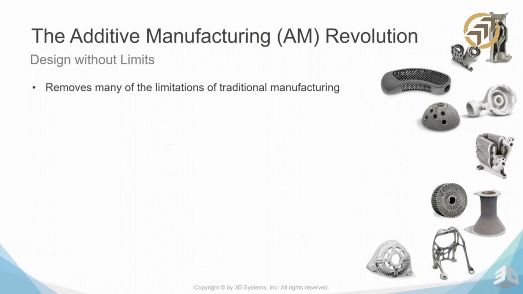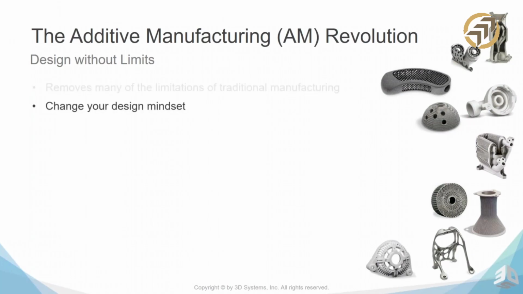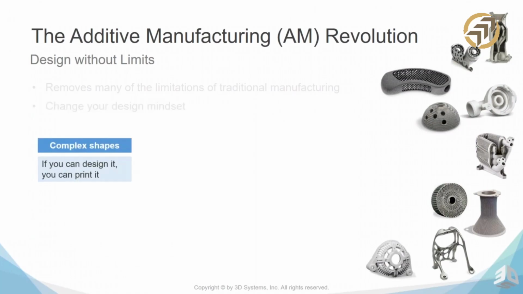Look for savings that are not necessarily direct savings, like the cost of manufacturing the part itself. Look for savings that are derived from the enhanced functional properties that you gain through the new geometry. And AM is a revolution because we must change our design mindset. On one hand, there are new opportunities regarding what is possible and what is not. And on the other hand, there are new considerations you should take into account when you design or when you prepare to print.